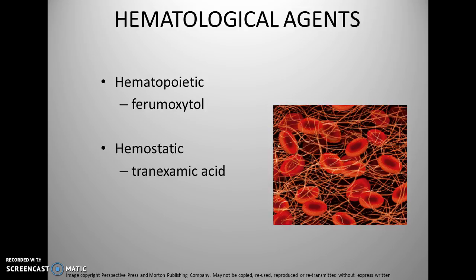Sickle cell anemia is a genetic predisposition. It's usually inherited, and then we have what's called pernicious anemia, which is a vitamin B12 deficiency, and this is something that's very important in relationship to the formation of blood cells.